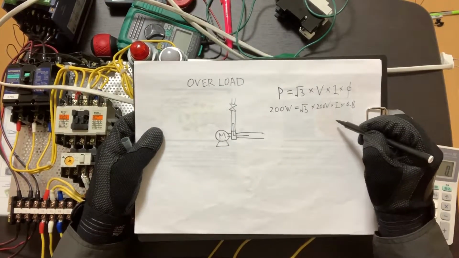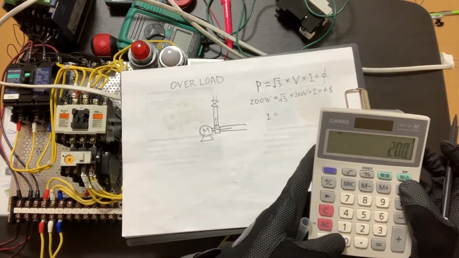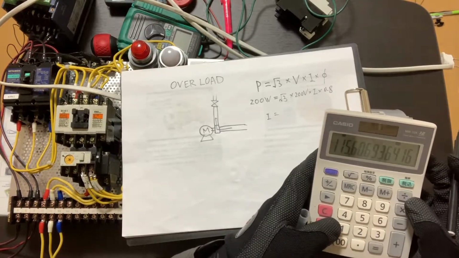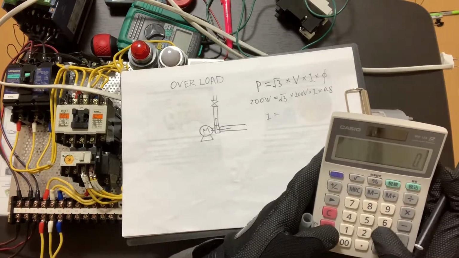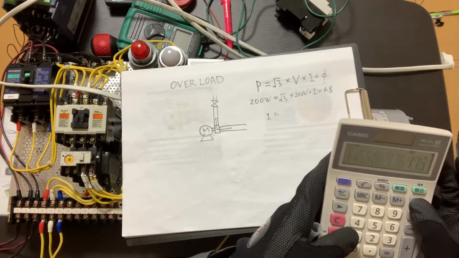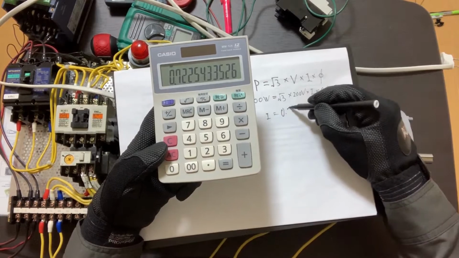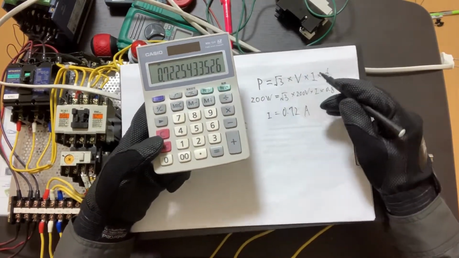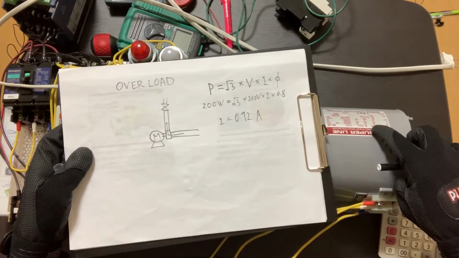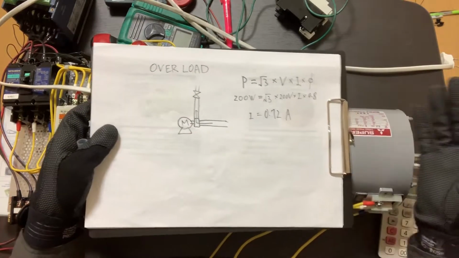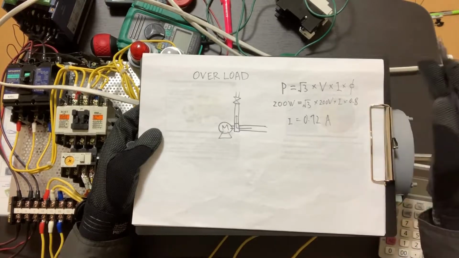So the current we get is 0.72 ampere. Let's see the rated ampere, 0.7, almost the same.